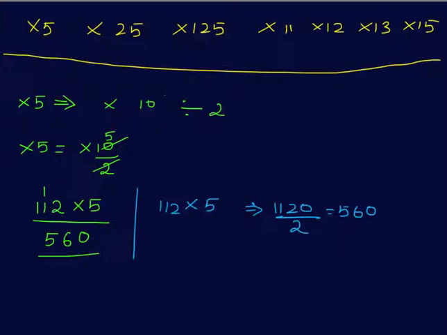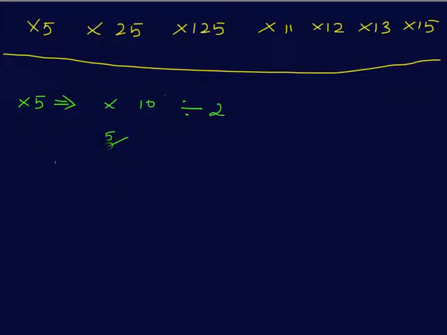Now let me demonstrate this with another example. Let's say that you have a larger number. Let's say we take 1572. Multiply this number by 5.